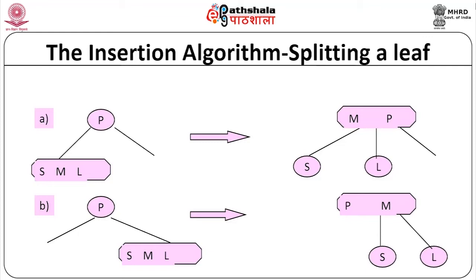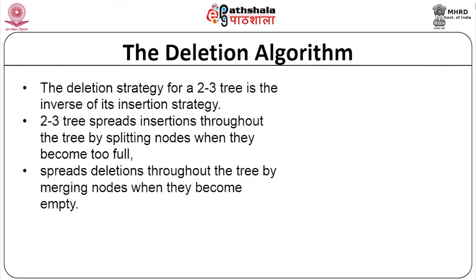The next case you have as a right child, here also no problem because the original parent had only 2 children or 1 value, now you have got it to have 2 values and 3 children, fine. M moves up, but M is placed to the right of P, that is the only difference. So, this is splitting the leaf, cases A and B.